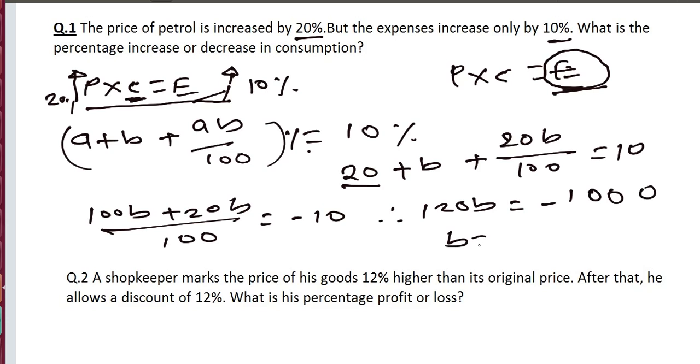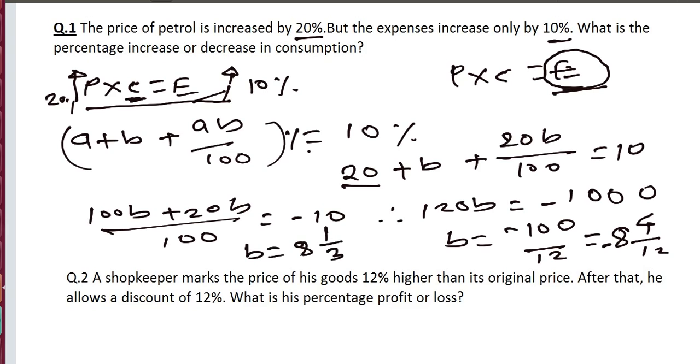Therefore B is equal to minus 100 by 12, which is equal to minus 8 1/3.